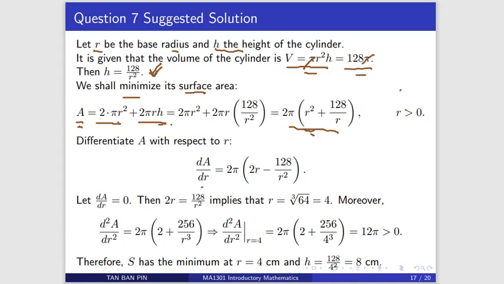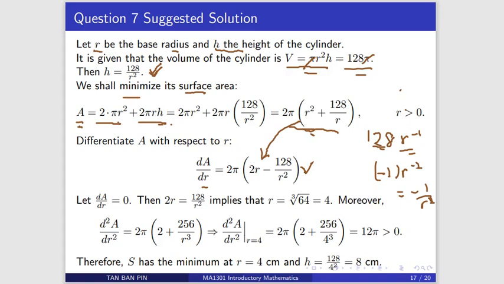Then you can find dA/dr. Differentiating r² gives 2r. For 128 times r to the power minus 1, differentiating gives minus 1 times r to the minus 2, so minus 1 over r², and with the 128 it becomes 128 over r².